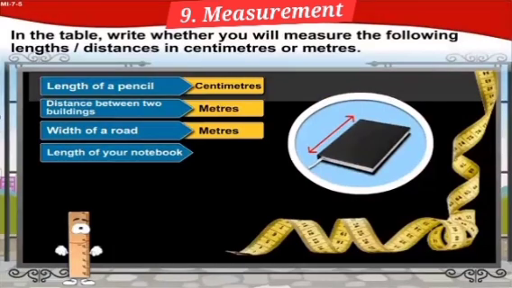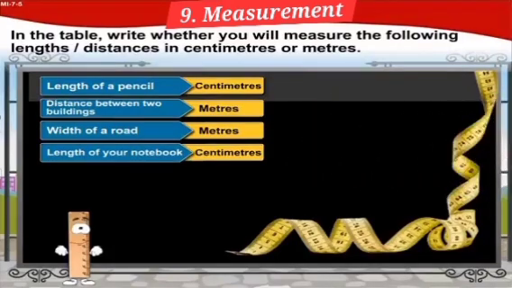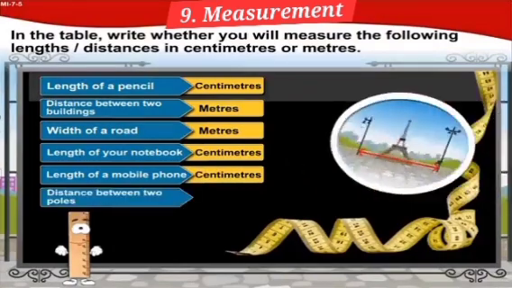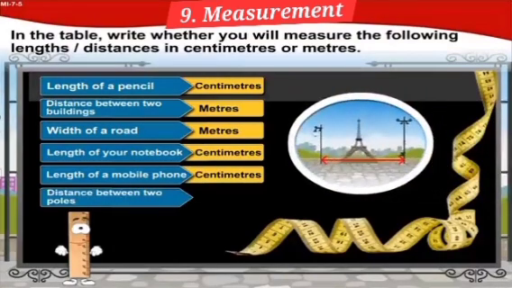Can you take a guess? You're right, we'll measure it in centimeters. Length of a mobile phone. That's correct. It has to be measured in centimeters. Distance between two poles. That has to be measured in meters.